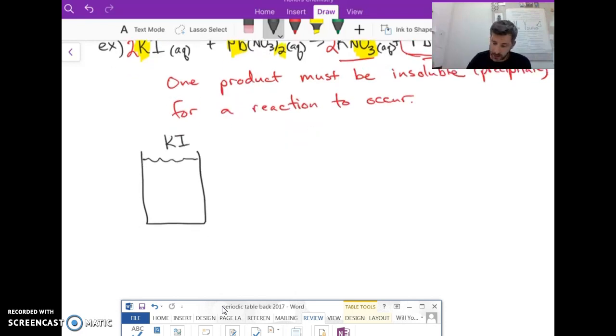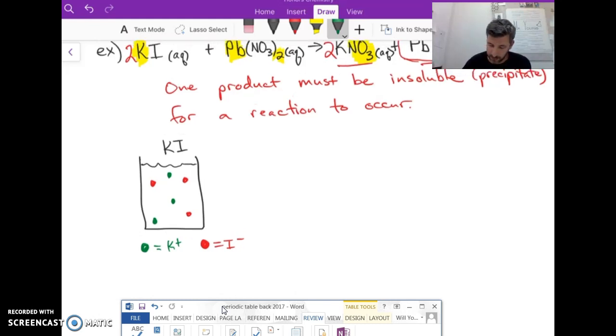And what that really means is, let's just symbolize, let's make K these little green guys, so that's K plus I should say, and let's say red are going to be my I, so that's I minus, and these guys are just going to be floating around independent of each other, and the reason that we say that they're independent of each other is because they're aqueous, and so they're dissolved, they're surrounded by water molecules. So that's what a model of an aqueous solution of KI would look like.